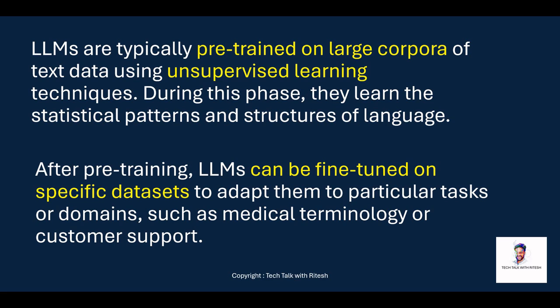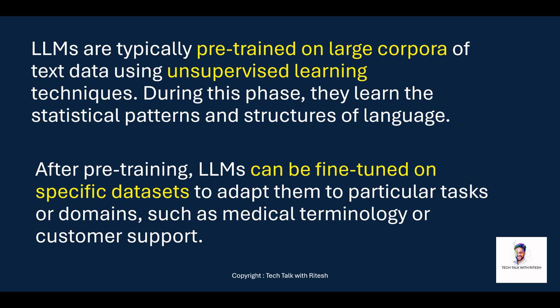If I try to ask ChatGPT something related to Tech Talk with Ritesh, it won't be able to answer because maybe it does not have that much information about the account, my personal details, etc. And if I want to train my model for anything specific to my organization, my specific data, internal organization specific information, or something related to medical healthcare, then it can be fine-tuned.